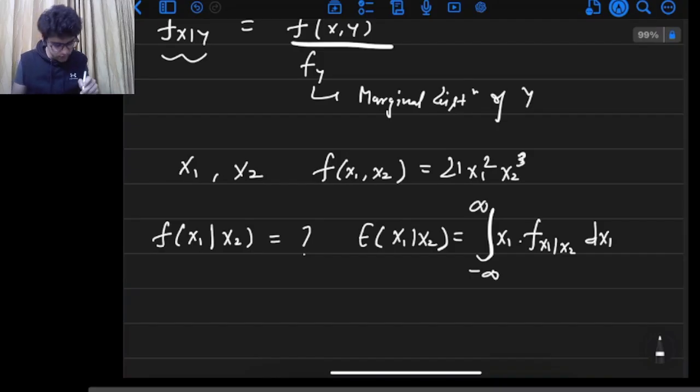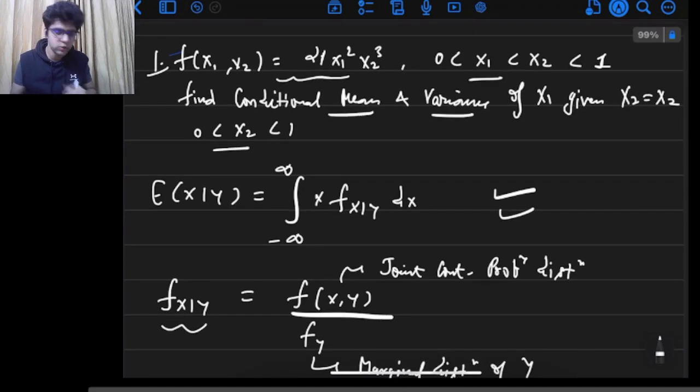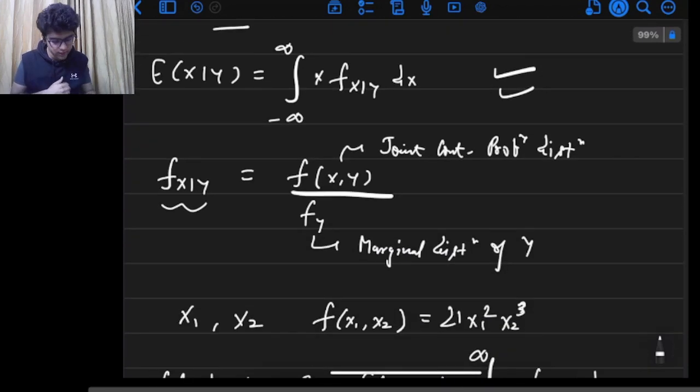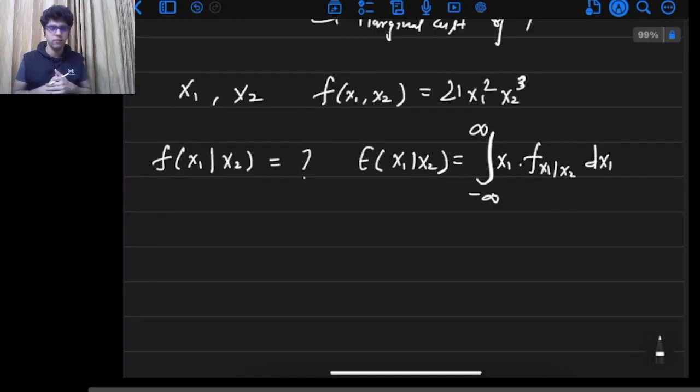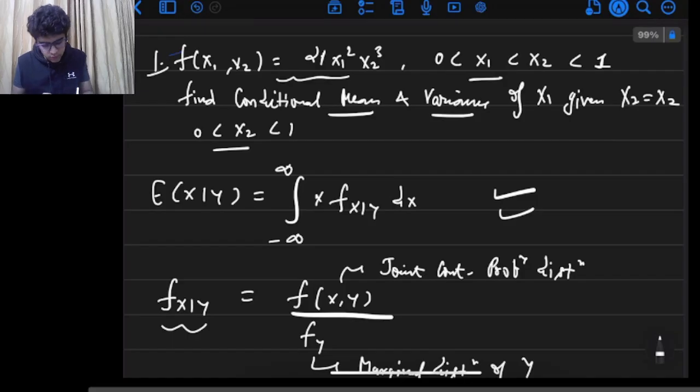But we know that in our question x1 and x2 lie between 0 and 1, so based on that we'll find the limits. The limits will be different here because we are also given one more condition, that x1 is less than x2. You can see this here, x1 is always less than x2. Let me solve the question and you will understand what I'm saying.